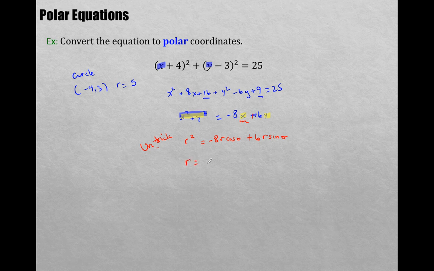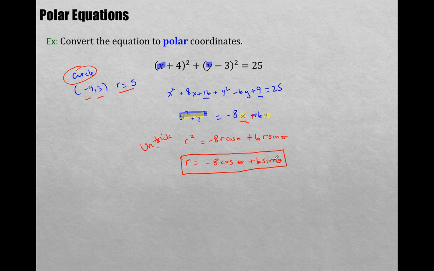So divide through by r. That, in polars, is a circle with a center of -4, 3 and a radius of 5. That's what that equation is.